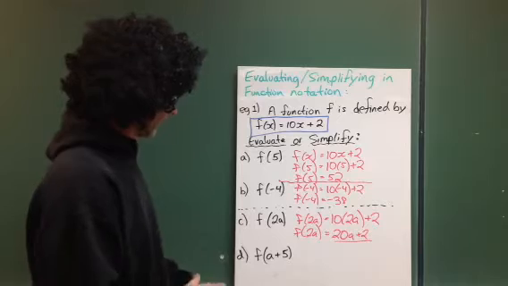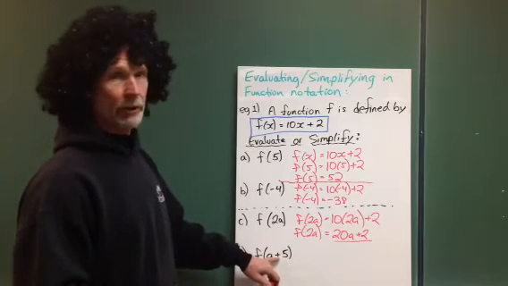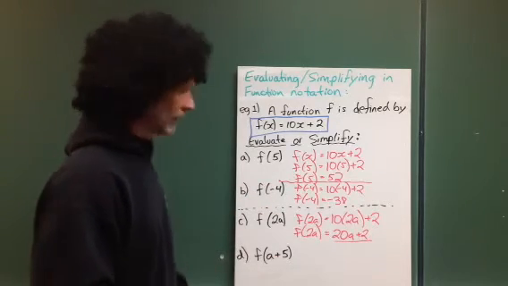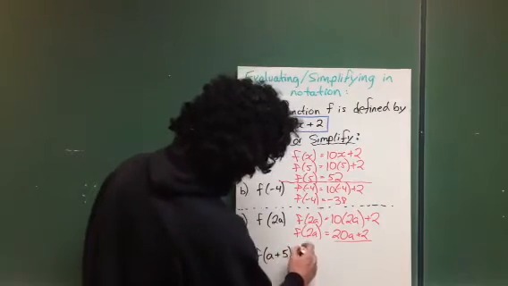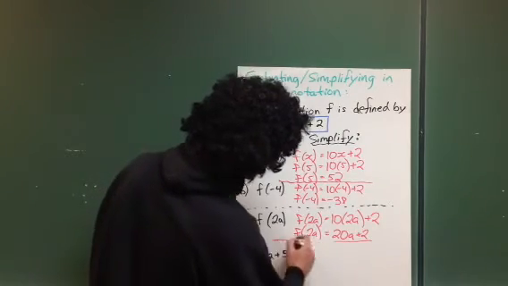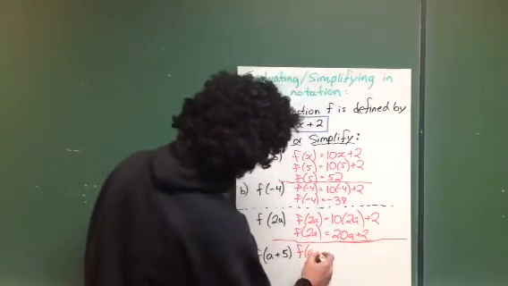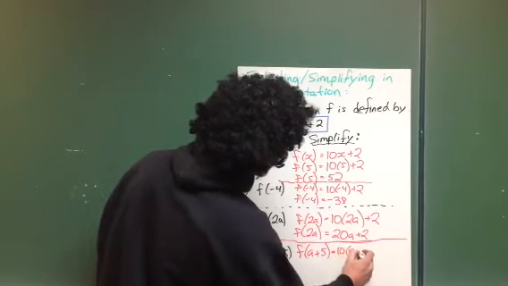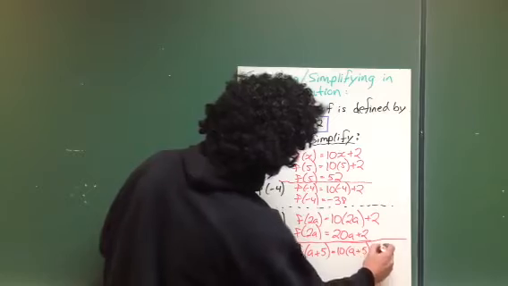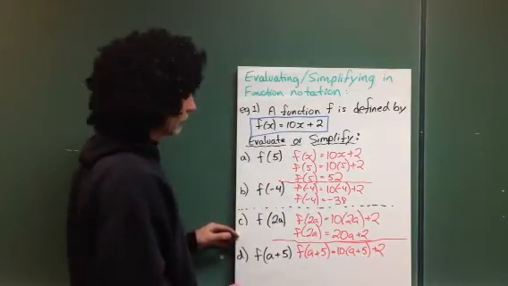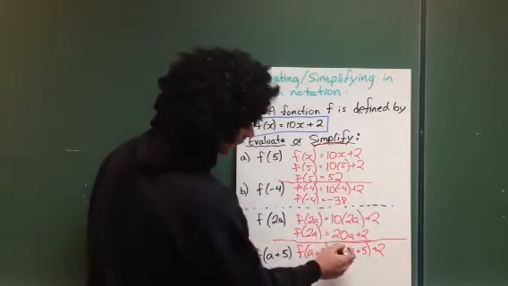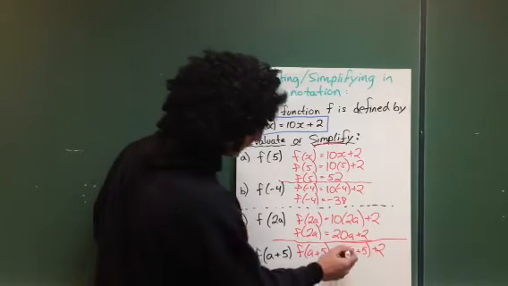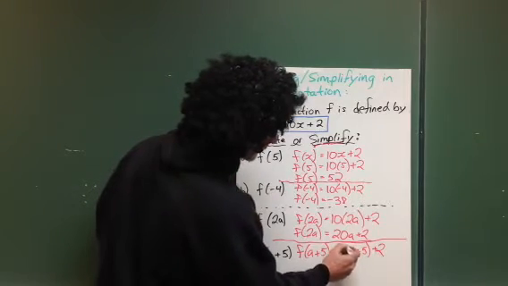Done. Sometimes we might even have a binomial we're going to substitute in as the input. So let's do that. F of a plus 5 equals 10 times a plus 5 plus 2. Okay, now I can simplify. We are simplifying. So we can expand these brackets by distribution.